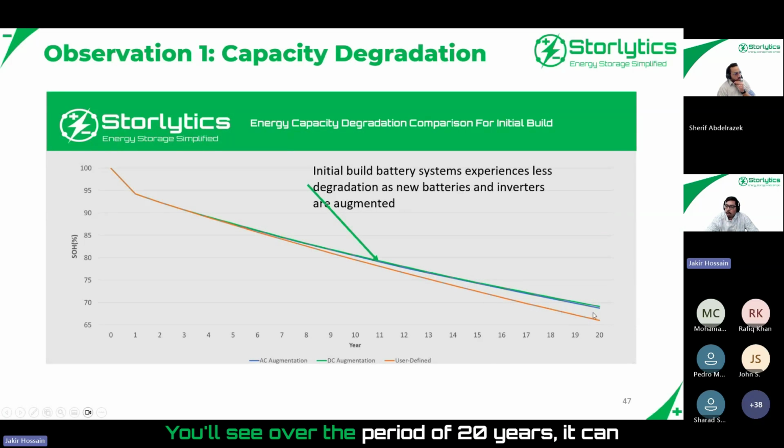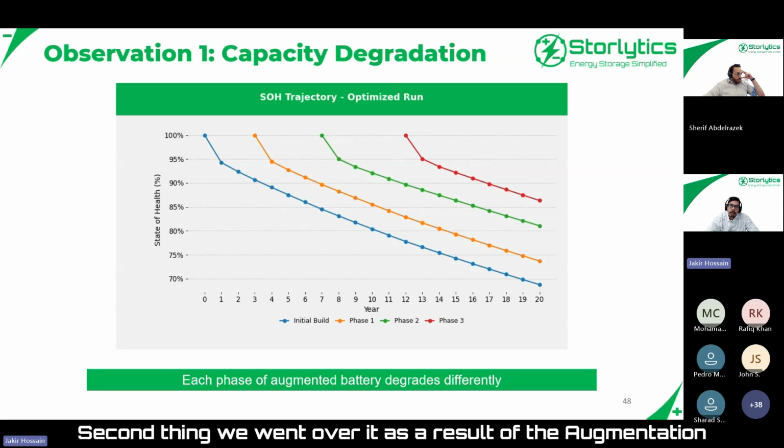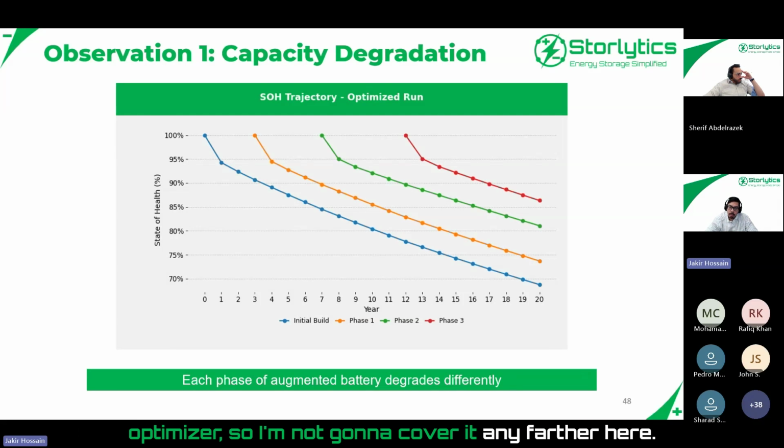You'll see that over the period of 20 years, it can be as large as, in this case, I think 6% or so. So that's a very important nuance that often gets missed if we apply the same degradation curve for all augmentation phases. Second thing, we went over it as a result of the augmentation optimizer, so I'm not going to cover it any further here.